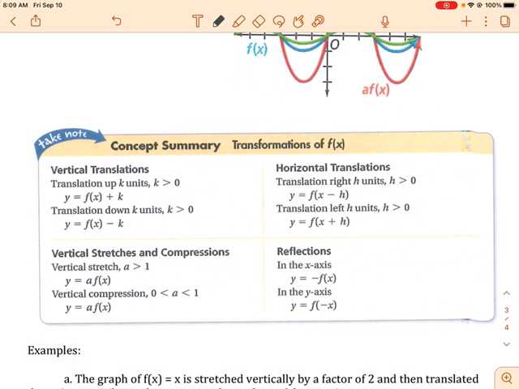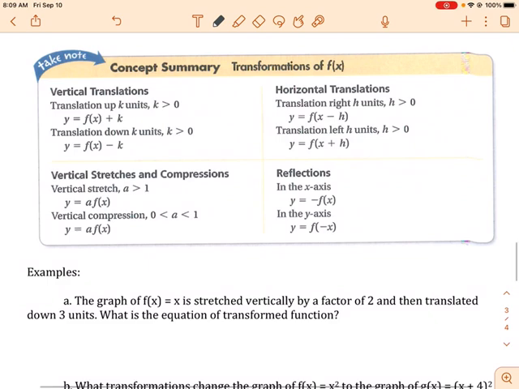All right, so here's a summary of everything we just said. You have your vertical translation, so you're going to add k or subtract k. You have your horizontal translation, which either you're going to go inside the function or outside. Inside the function by subtraction moves right. Addition moves left. Vertical stretch is when your number is bigger than 1.